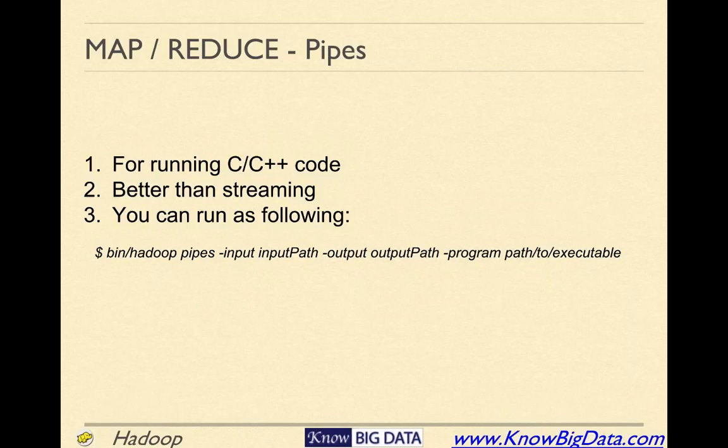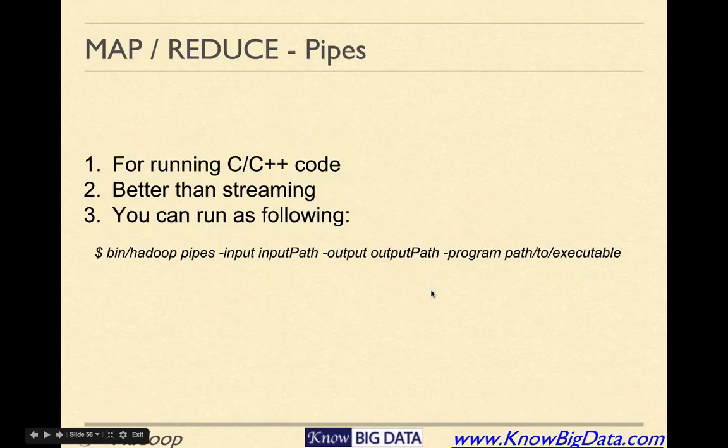Instead of wrapping the code inside Java code using Hadoop streaming, you use pipes in order to make it a little bit faster. As per them, Hadoop pipes is faster than the streaming and is a better way of executing if you are trying to do MapReduce in C, C++.